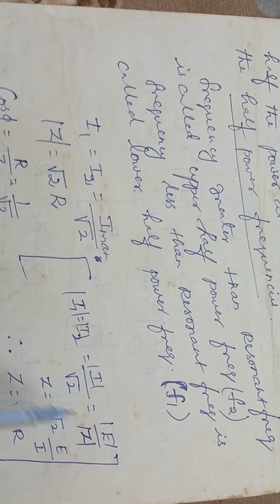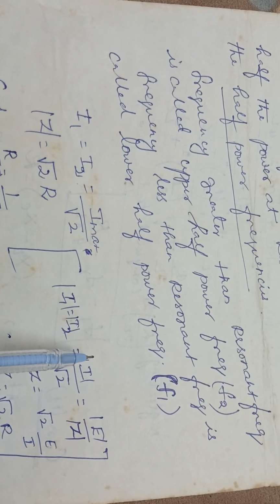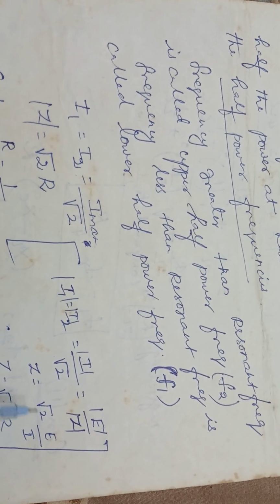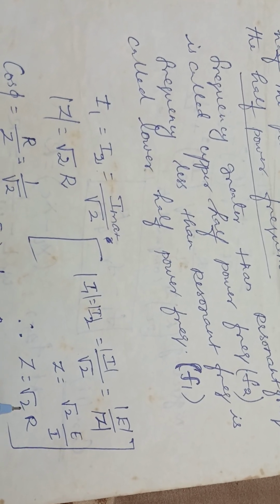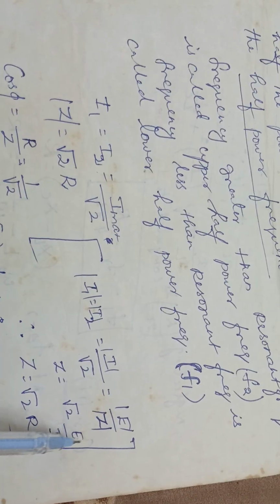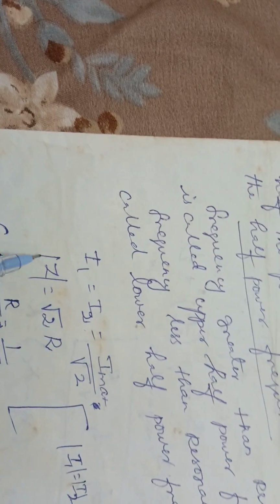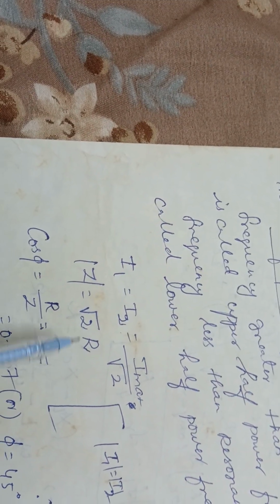Finding the Z value, Z is equal to 2 into E by Imax, which is nothing but Z is equal to 2 into R, since E by Imax is R. Voltage by the current is the resistance. So Z is equal to 2 into R.